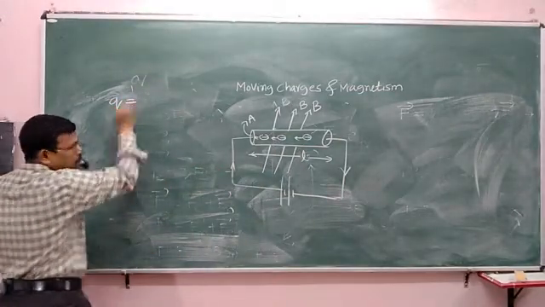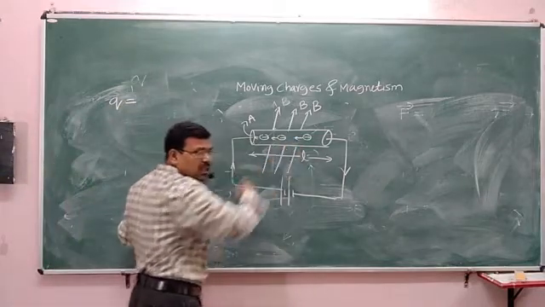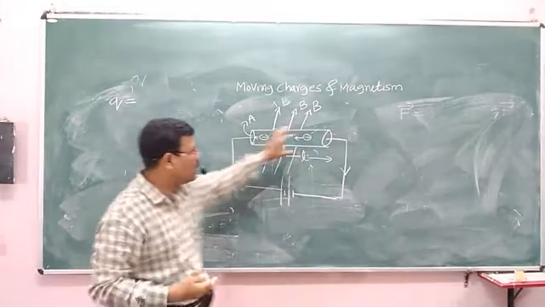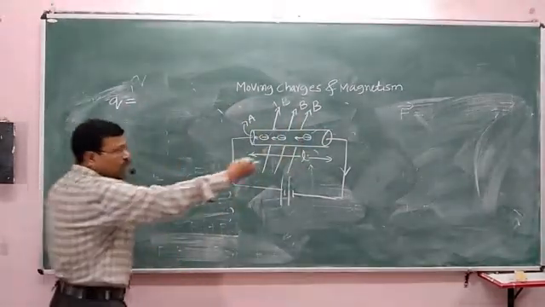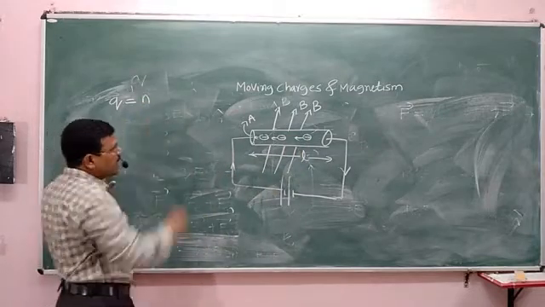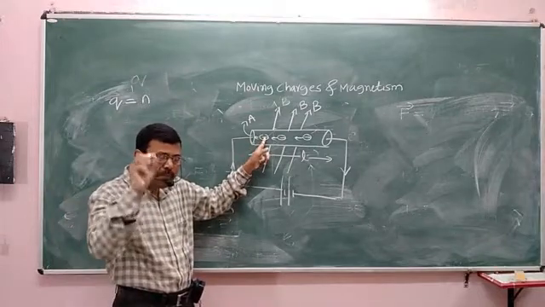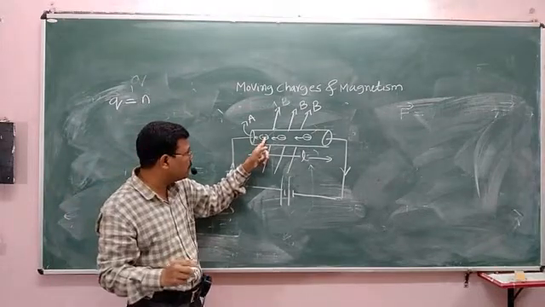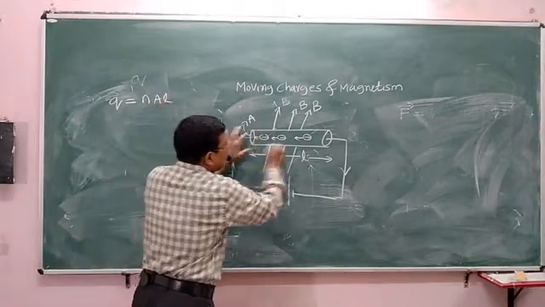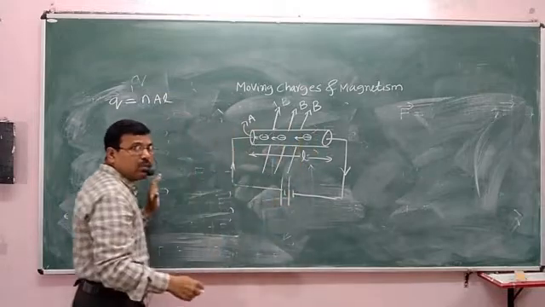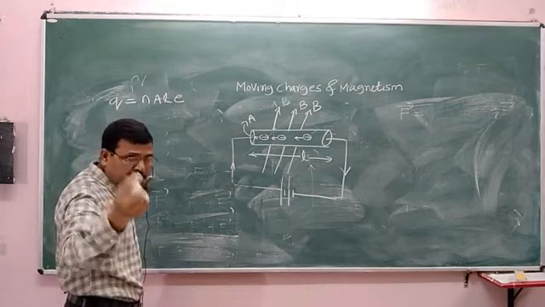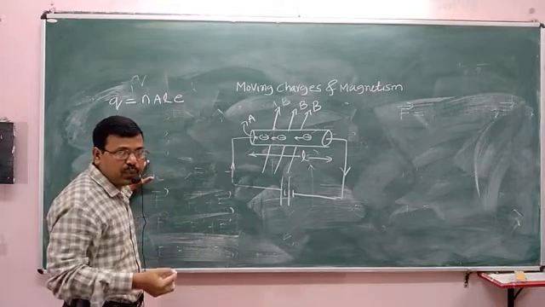Q is equal to the total number of charges that are participating in the transmission of electricity, the mobile electrons. Q, the total number of charges, is equal to number density, meaning the number of electrons in a unit volume, times the total volume of the conductor, A into L, times e, every positive charge or every negative charge.